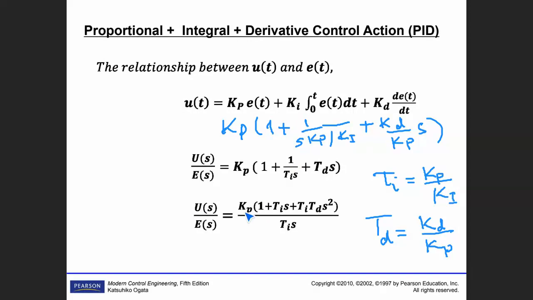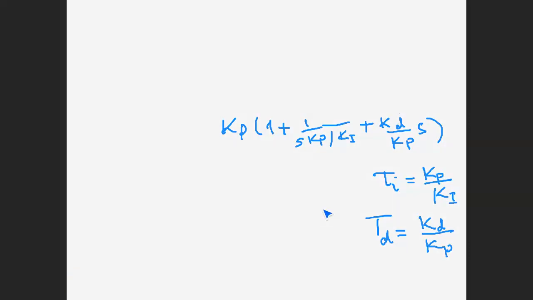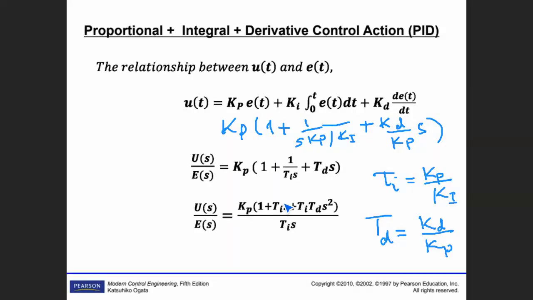I have already proved that one. Kp bracket 1 Ti s plus Ti Td s squared over Ti s. That means you are actually adding two zeros to this system, two zeros and one pole.